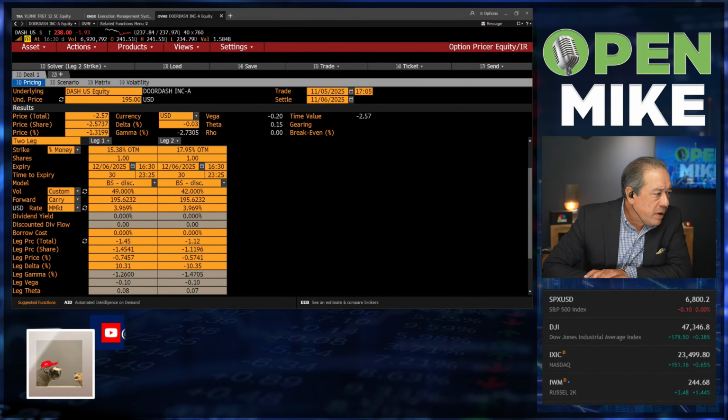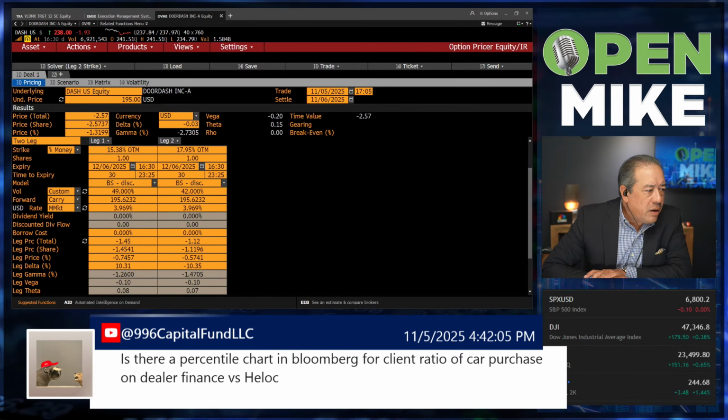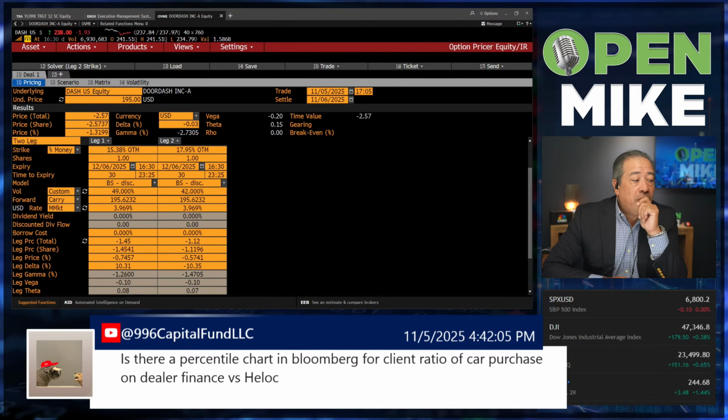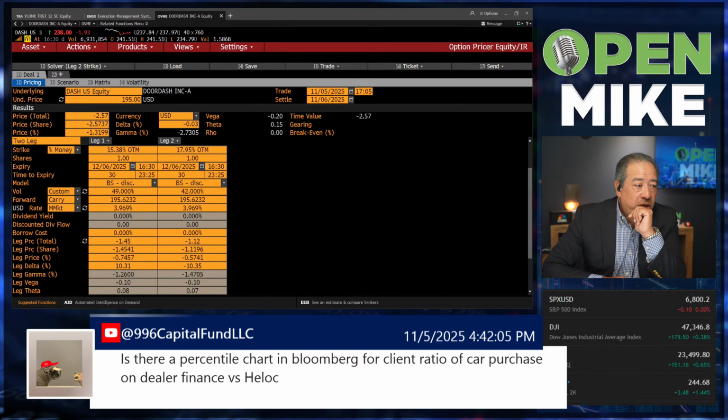So Capital Fund, is there a percentile chart in Bloomberg for the client ratio of car purchase on dealer finance versus a HELOC? That's not a metric I've ever looked at. So you're talking, I'm assuming, about people who use home equity loans to purchase cars to presumably take advantage of lower rates and things like that.